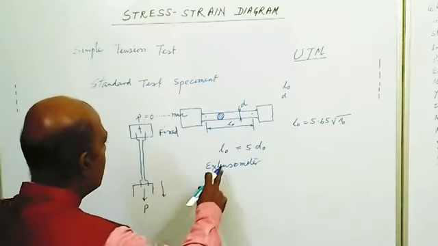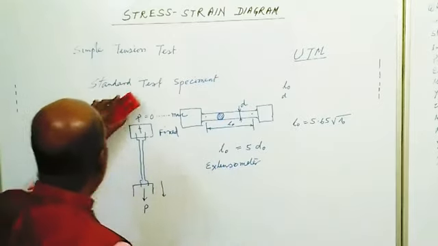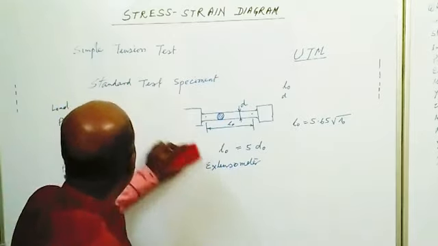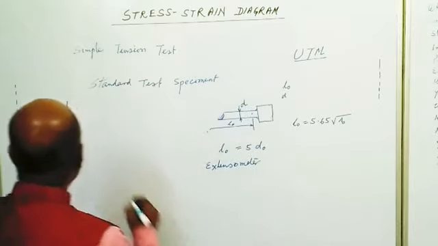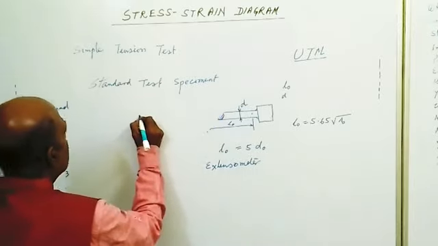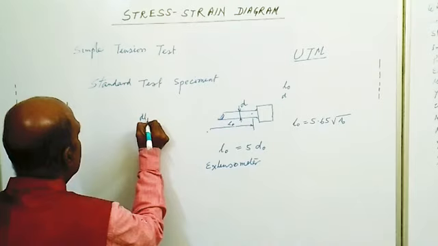And with the help of the extensometer we have also measured the extension. Say at this point the extension was dl1.